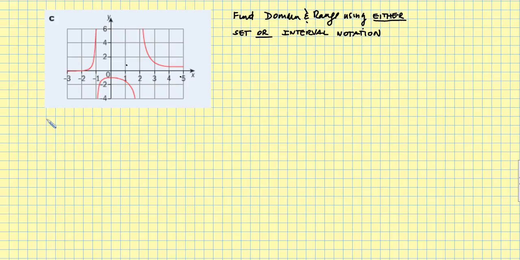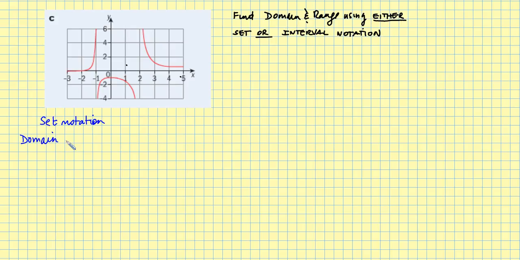Okay, so if I want to use set notation first on this example, the first thing I'm going to do is take a look at where the values of x are starting. So I'm looking at the domain first.